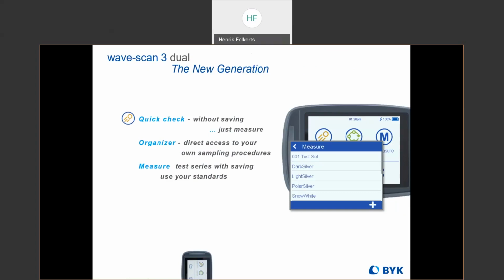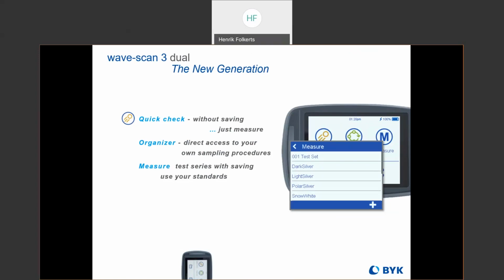I don't want to bash our old WaveScan Dual because it's a very solid instrument. But it was developed a good amount of time ago, and the screen and controls aren't always very easy to use. So this new model has a color touch screen similar to our new Spectra 2 guide instrument, if anyone out there has ever used one of those.